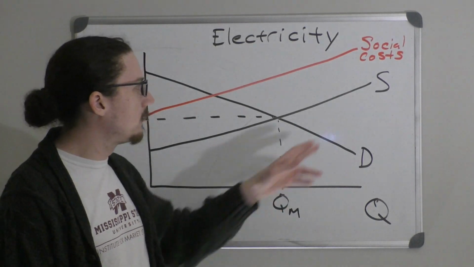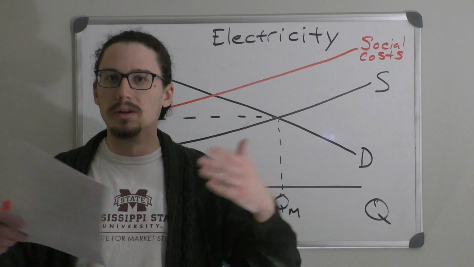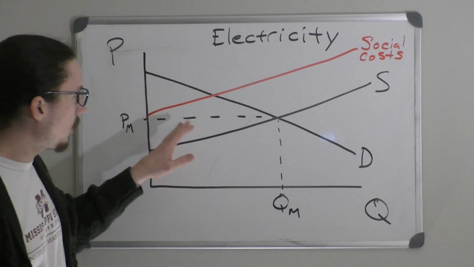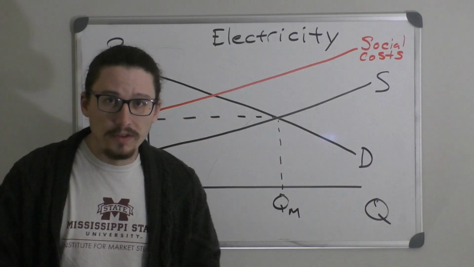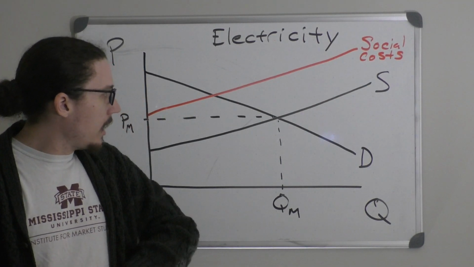And so we shift our curve to the left. We get this social cost curve. We can think of this as a supply curve with internalized external costs, or internalized costs, you could say. So a couple of things that we're going to look at here.